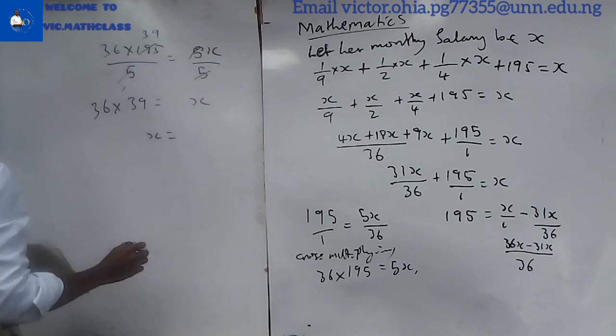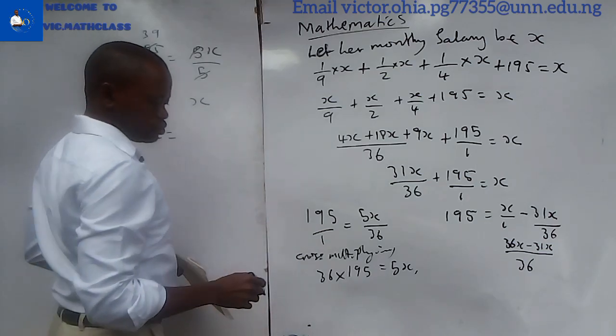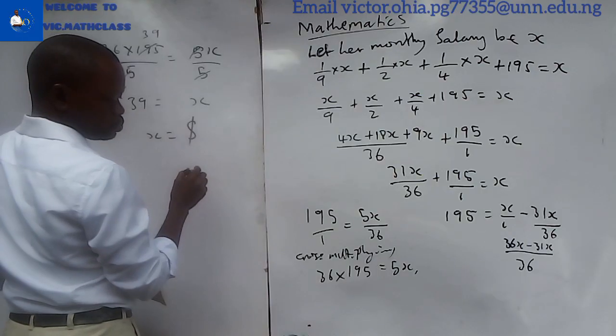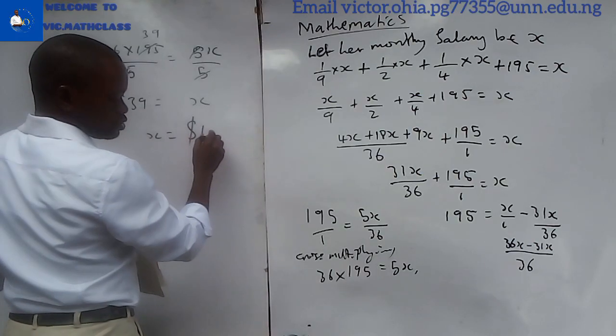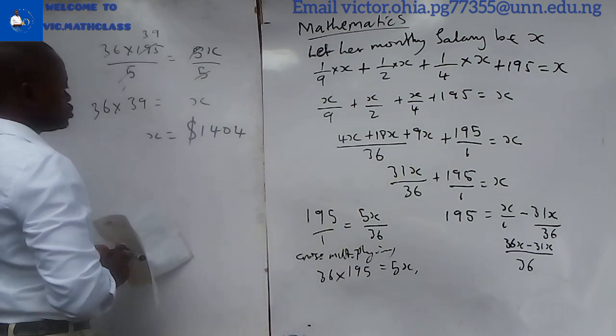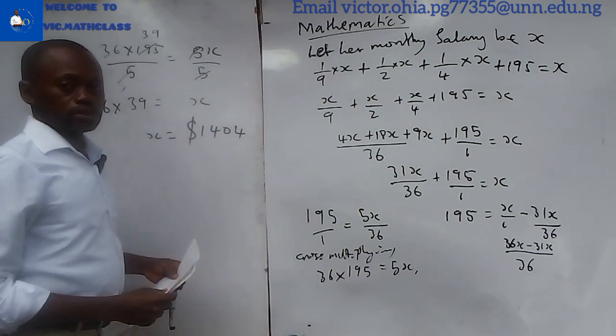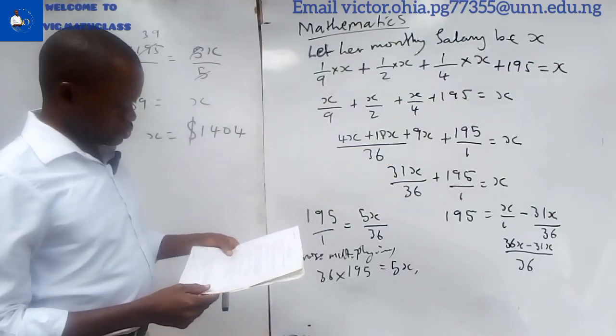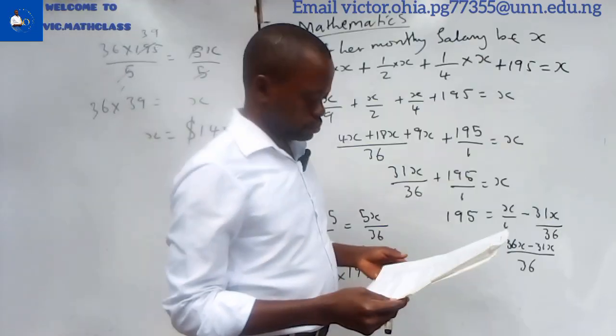By my calculation, x is equal to 1404. So the money this person is earning is $1,404 per month. That's what the woman in this question is earning in a month.